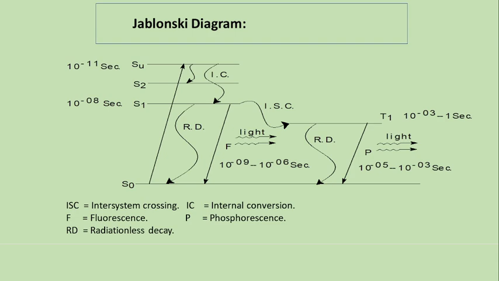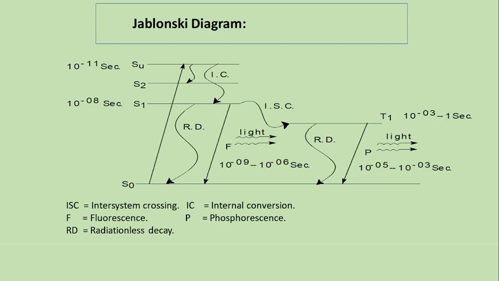there are changes that occur. The first one is RD, that is radiationless decay. Radiationless decay means no radiation is released during this process; the molecules generally come to their ground state.